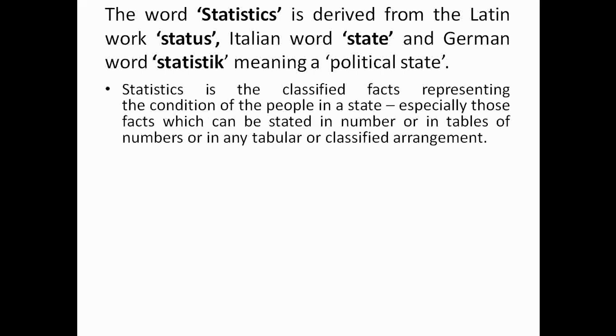Now, statistics is the classified facts representing the condition of the people in a state, especially those facts which can be stated in number or in tables of numbers or in any tabular or classified arrangement. So this is the simple definition of statistics.